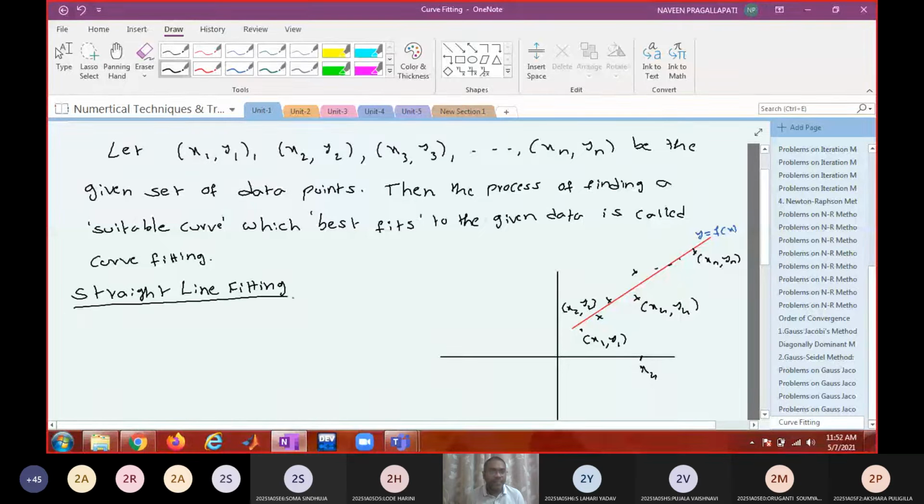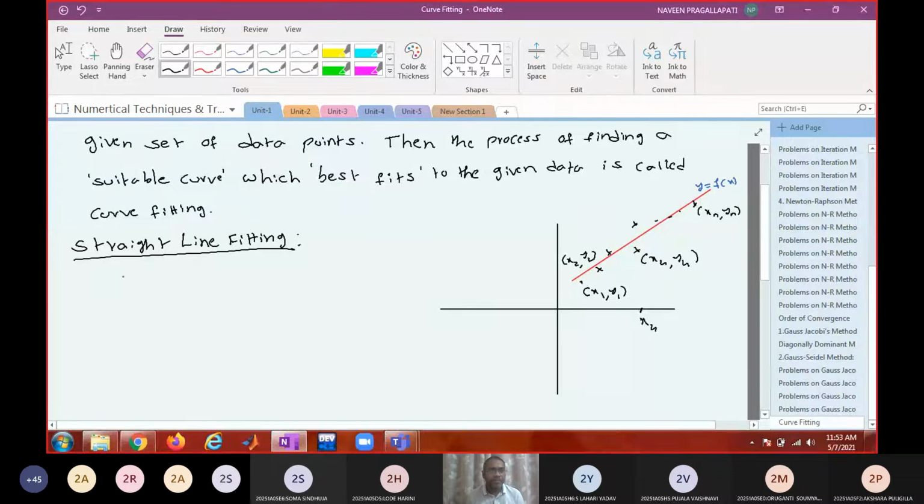Okay, now what is the general form of a straight line? y equal to mx plus c, or I will write it as a0 plus a1x. Do you agree? Can I write like this? y equal to mx plus c, m is a1, c is a0. I want to write it as a polynomial of degree 1, which is nothing but f of x.